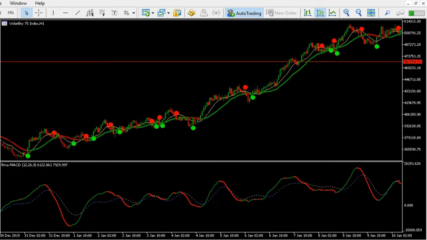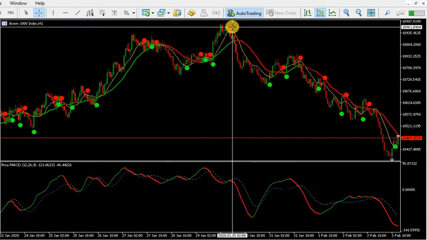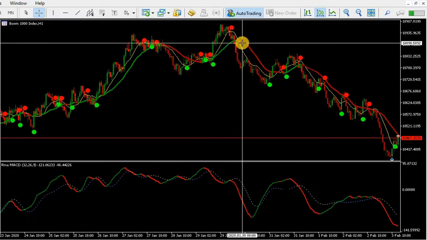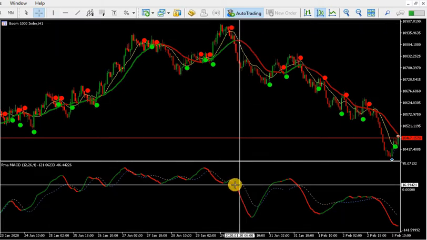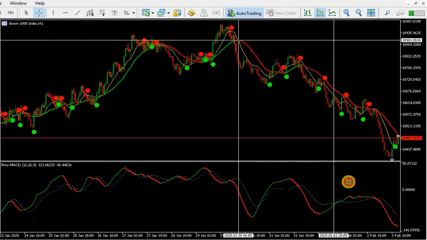Okay, so Boom 1000. Look here. Dot, RAM must be sale, trend line sale, dot, and now it is.